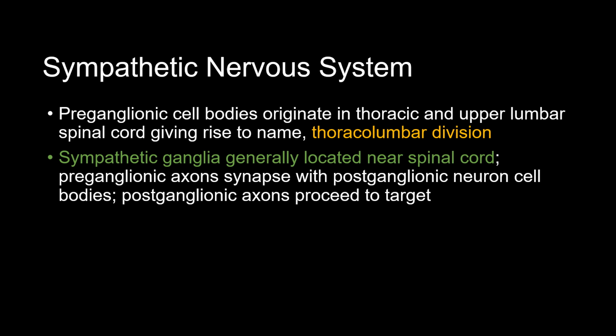And for this reason, the sympathetic nervous system is often called the thoracolumbar division. These neurons will synapse first in the sympathetic ganglia, which are generally located near the spinal cord, with a few exceptions. And then the postganglionic neurons carry that signal over to the target cell.